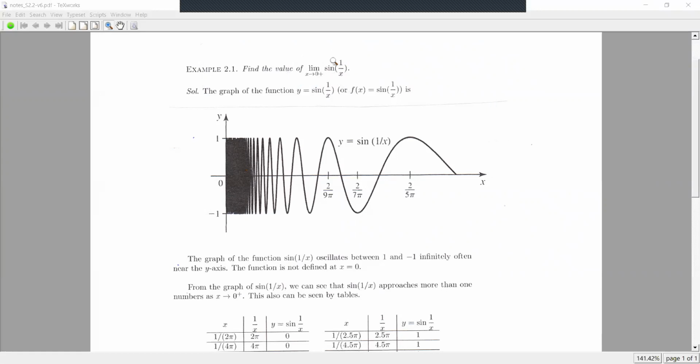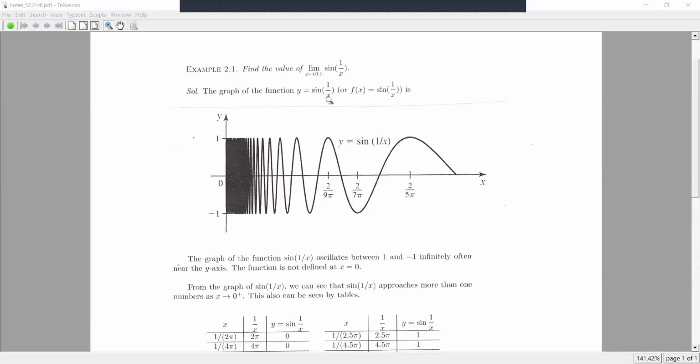The graph of this function is here. The graph oscillates between 1 and -1 infinitely often near the y-axis. As x is closer and closer to 0, the curve oscillates more and more frequently.